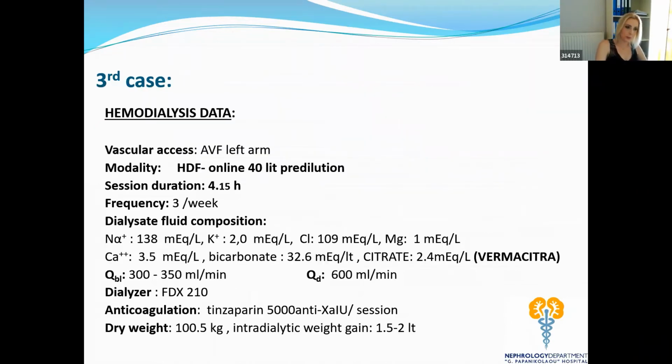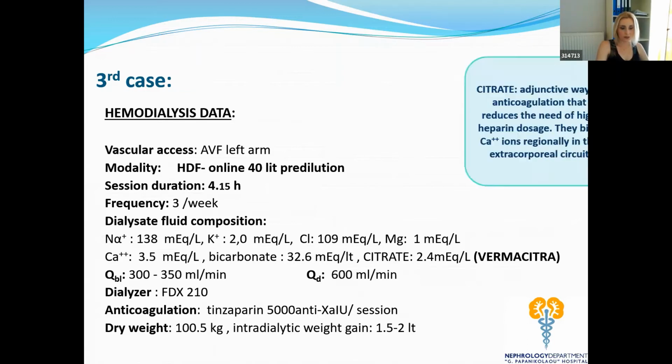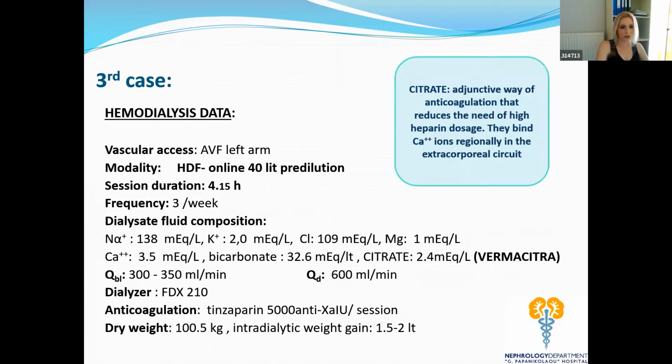Here is his hemodialysis data sheet. I remind you that the patient has a history of idiopathic thrombocytosis, so as a dialysate fluid, we chose to use citrate as an adjunctive way of anticoagulation. And I have to note that this patient is above 100 kilos weight and above 195 centimeters high, so he has a large body surface area.